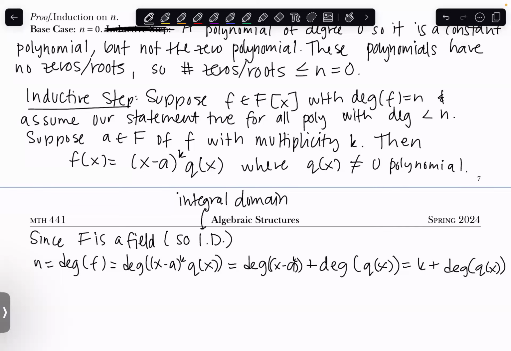Okay, so this is immediately telling me that k is either equal to n or it's less than n. Because these are always going to give me back non-negative numbers, k is going to be less than or equal to n.